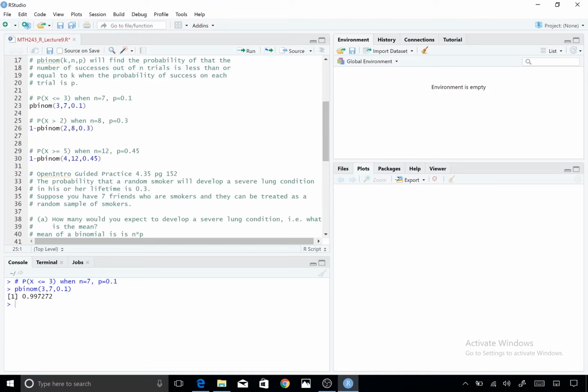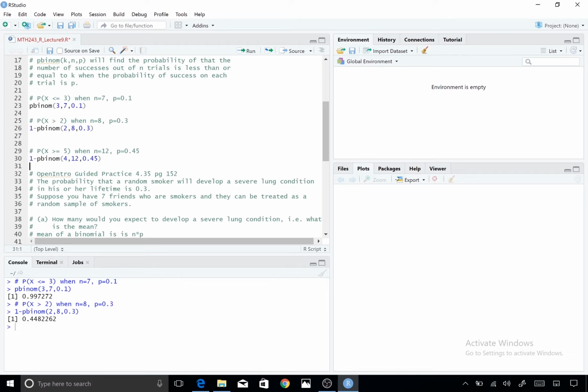If we have 8 trials and the probability of success is 0.3, the probability that x is greater than 2 is 1 minus the probability that it is less than or equal to 2. The probability of being less than or equal to 2 is pbinom(2, 8, 0.3), so we subtract that from 1, 0.4482. That's the probability that x is greater than 2.